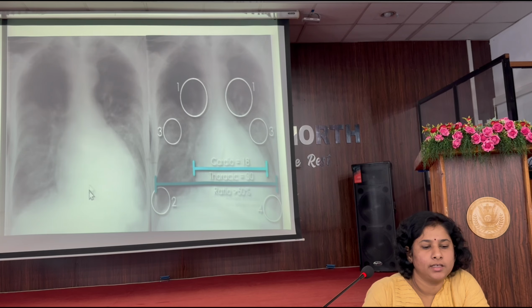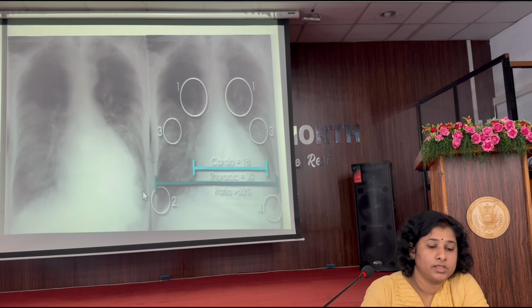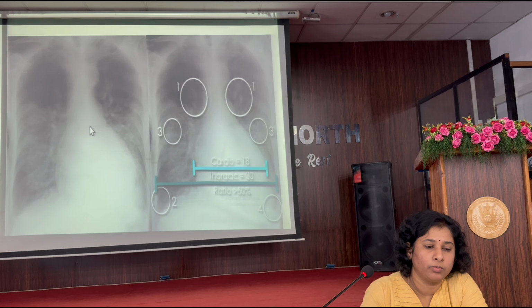What's happening here is obviously you can see the cardiac silhouette is more than 50 percent, and there's widening of the carina angle. So this is due to the cardiomegaly, likely since the carina is widened due to left atrial enlargement.